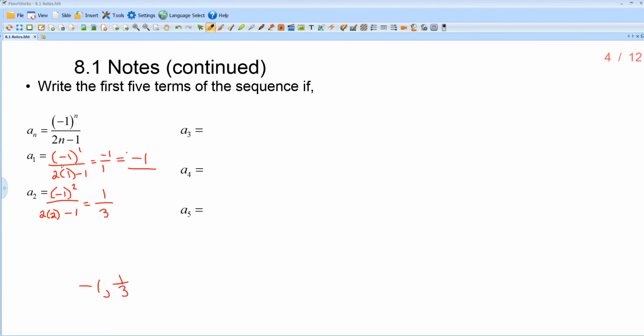Now, with those numerators, keep in mind that if I do -1 and then I just keep increasing the power of it, I'm going to have something like -1 to the first, which is negative, -1 to the second, which is positive. All that's doing is changing the sign. So here I know I'm going to have -1 over something, +1 over something, and -1 over something.